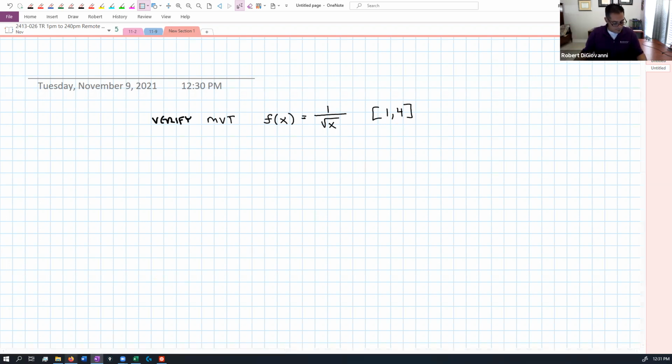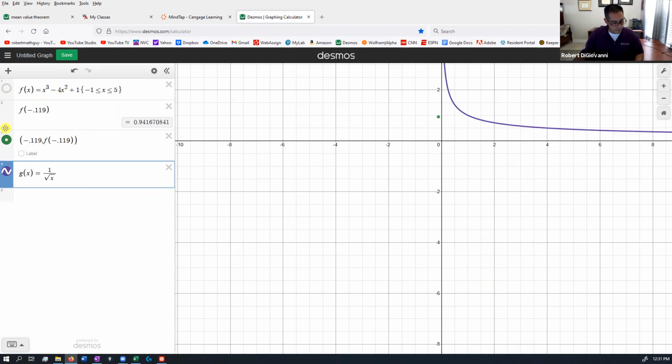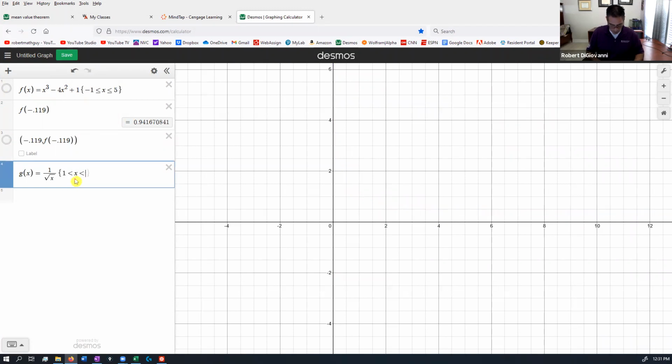So visually, what we've got here is the function called g of x equals 1 over the square root of x. Okay, there's the graph. And we're only looking at this between 1 and 4.